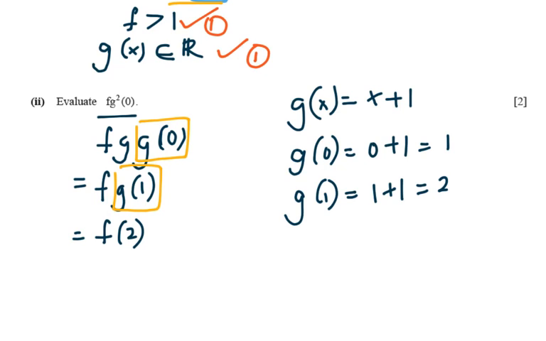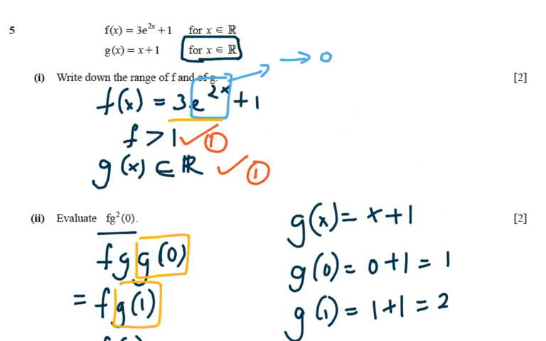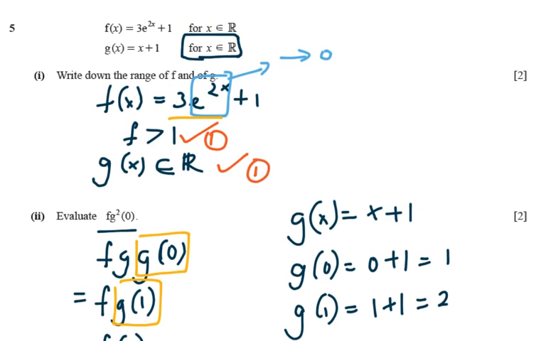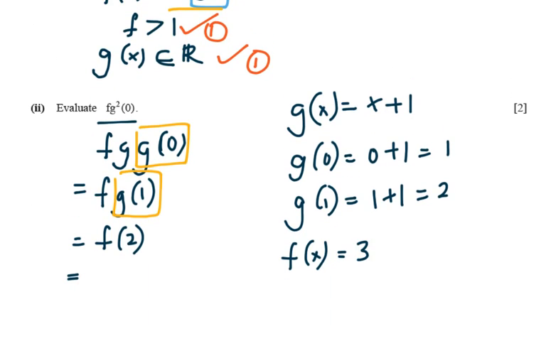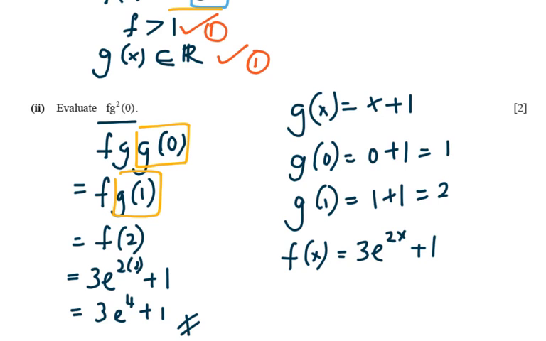So lastly, put the value of 2 in the function of f, where f(x) equals 3 exponential of 2x plus 1. Putting the value of 2 in the equation, 2 times 2 plus 1, you will be getting 3 exponential of 4 plus 1. Hence, that will be your answer.